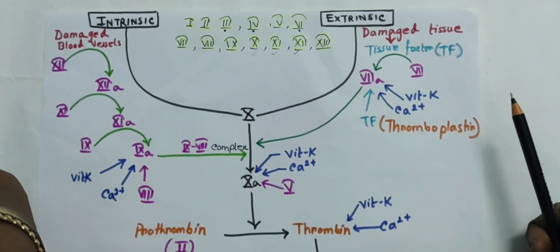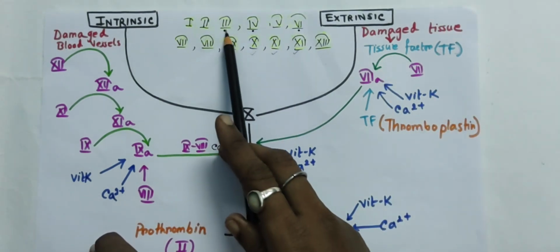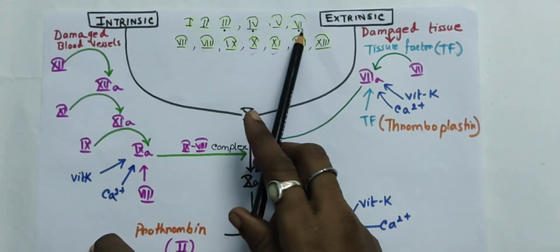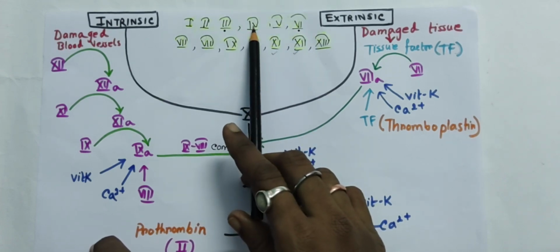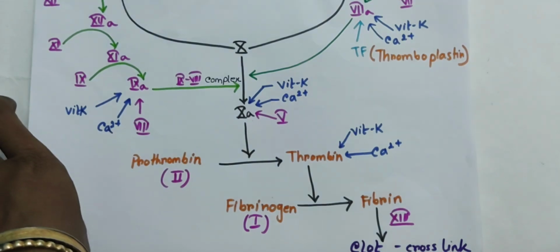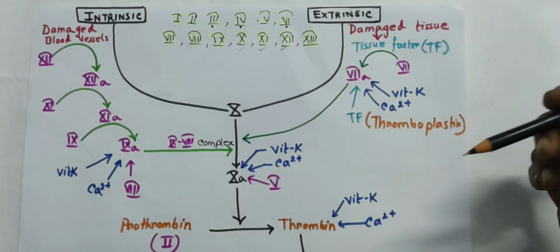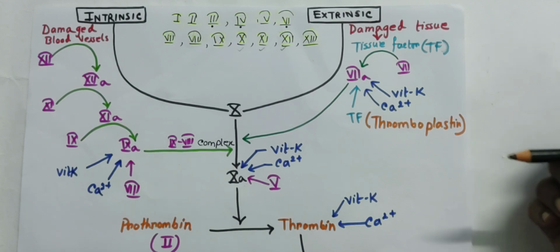Here factor 3, factor 4 and factor 6, these three factors are negligible. You may pause my video and take a screenshot of that page so you can understand better.